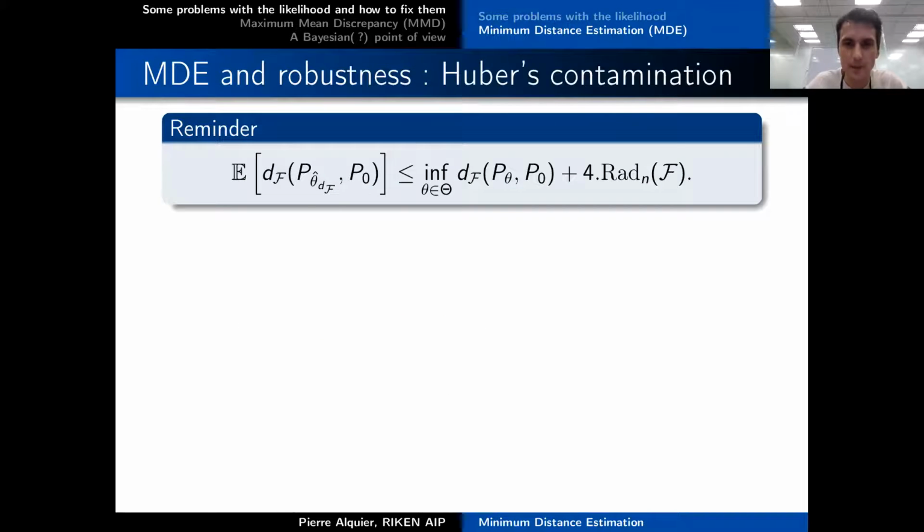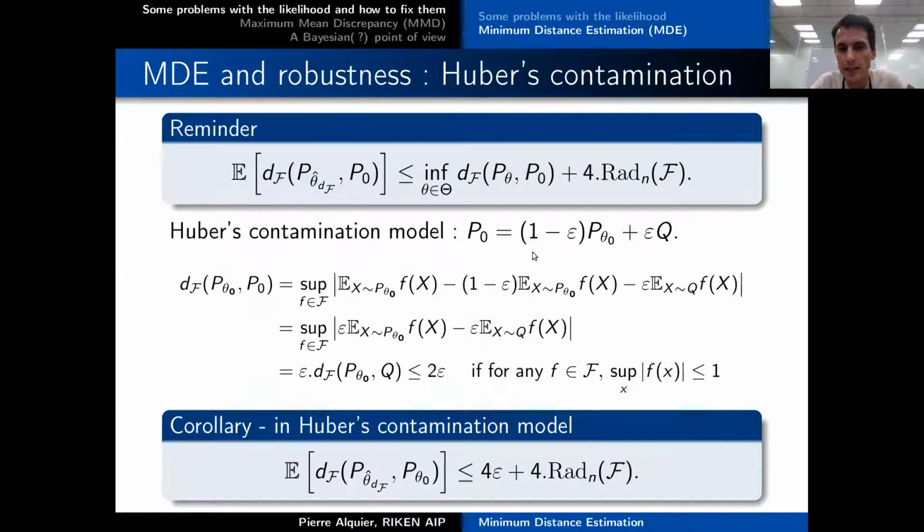Then, in order to connect it to robustness, I will not enter into too much detail, but a very simple observation is this. I come back to the very standard result, and just think here that we use the MMD, or something simple like Kolmogorov-Smirnov. So the Rademacher complexity will be in 1 over square root of n. What does this tell you about robustness? It appears that these results can be plugged immediately into the context of, for example, Huber's contamination model.